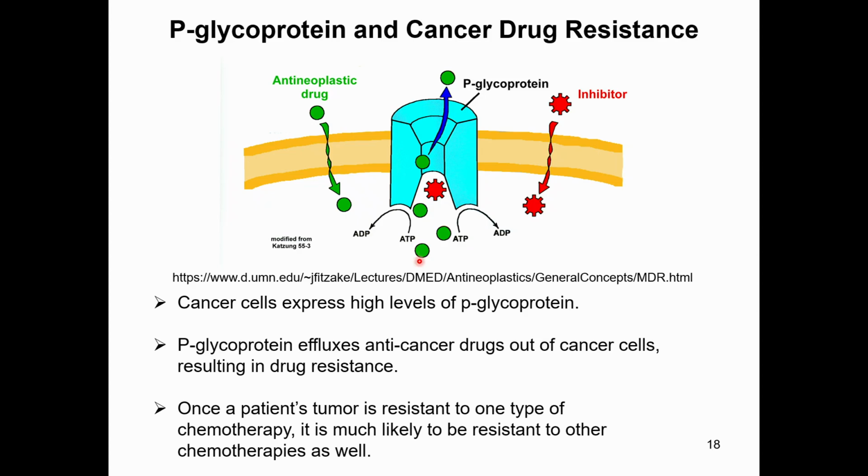So there's been a lot of interest in coming up with secondary drugs that actually inhibit P-glycoprotein, so you don't pump the chemotherapy agent right back out. And that's met with limited success, I would say, but it's kind of a good idea. You inhibit the transporter that's removing the chemotherapy agent, so the chemotherapy agent is retained and can do its action.